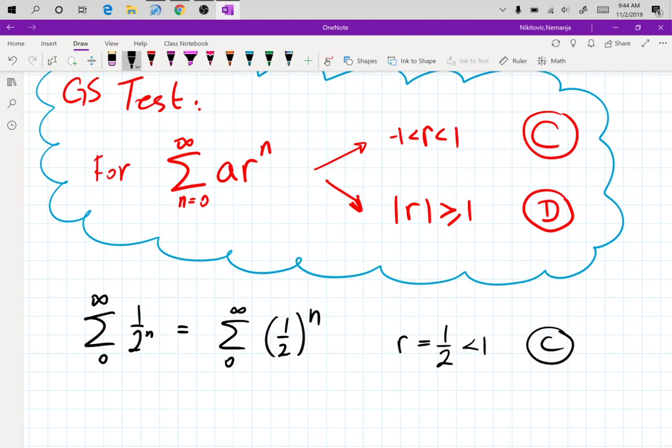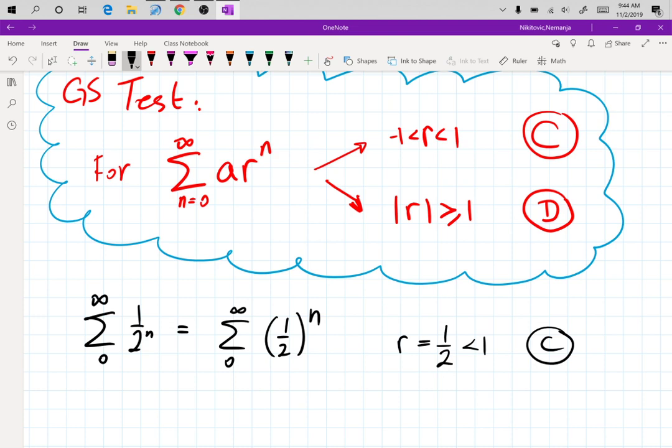You just look at the problem. There are no calculations. You either know it or you don't. Your r is the number that it's raised to the n. Since your a is 1 in this case, a is 1 and r is 1/2.